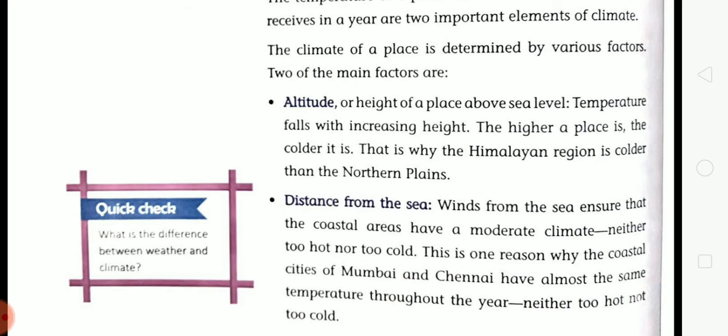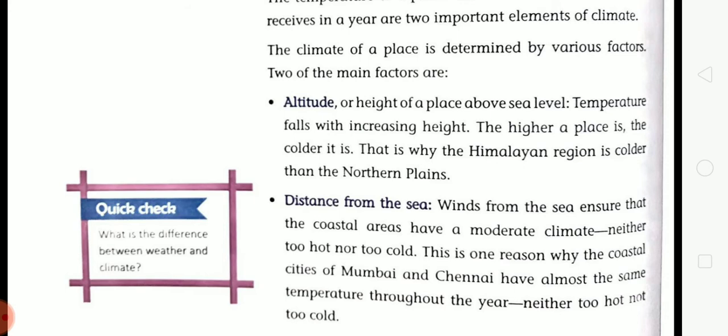So student, wind from the sea determines the moderate climate. Moderate climate means neither too hot nor too cold. So student, the places which are near the sea have a moderate climate. This is one reason why the coastal cities of Mumbai and Chennai have almost the same temperature.